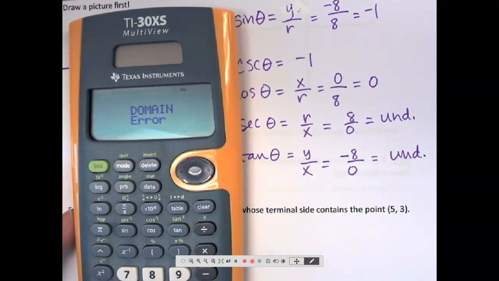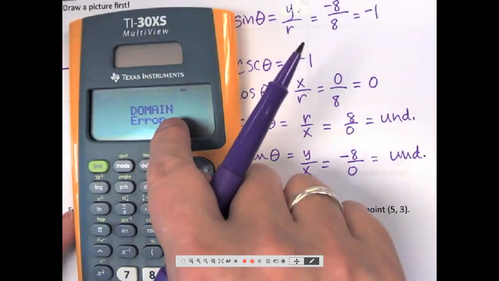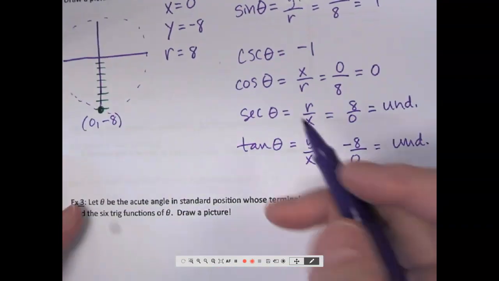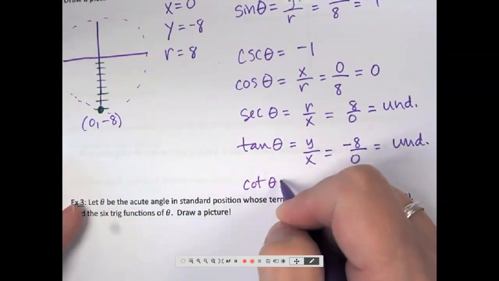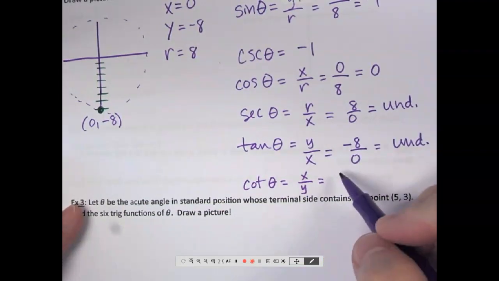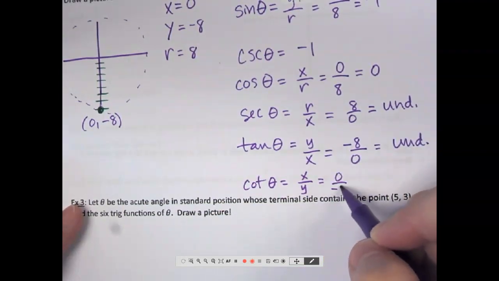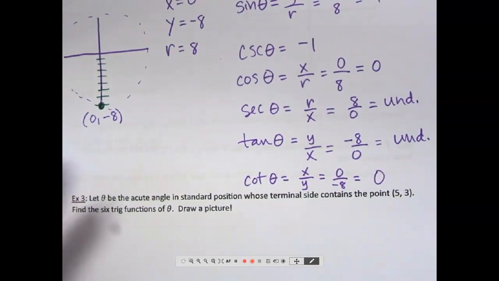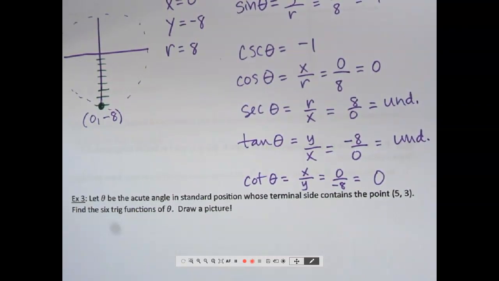That's its way of telling me it's undefined, because it's saying, oh, there's a domain problem. I can't divide by 0. Okay, cotangent is the reciprocal, x over y. X is 0, y is negative 8. 0 divided by anything is 0. So we can find all 6 trig functions of any angle at all. It does not have to be acute anymore.